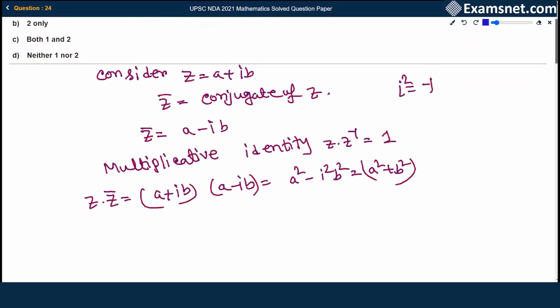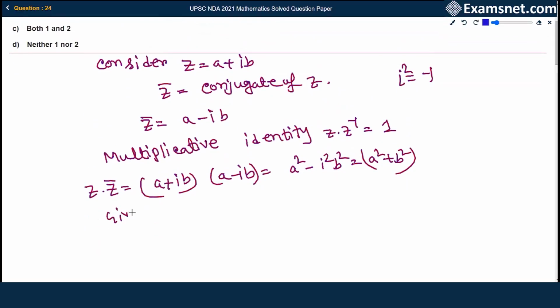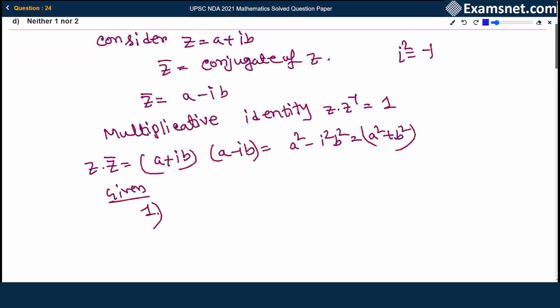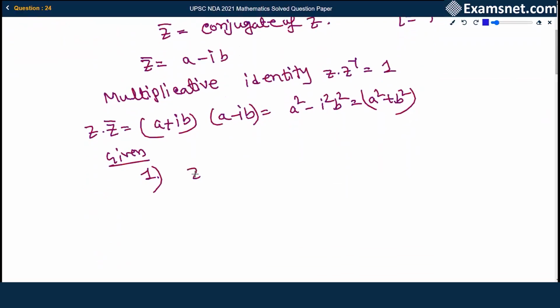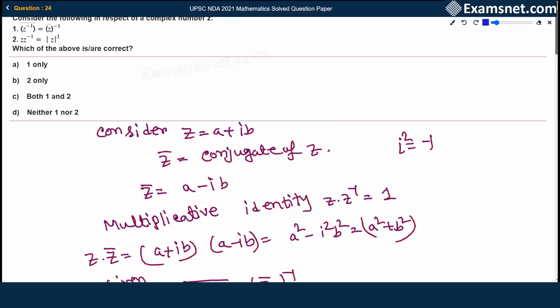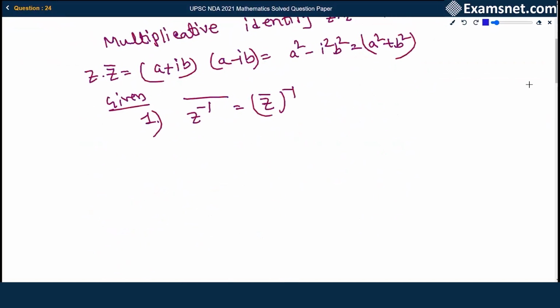First statement, that is z inverse bar equals to z bar inverse, right? Yes. So let me proceed with the solution.